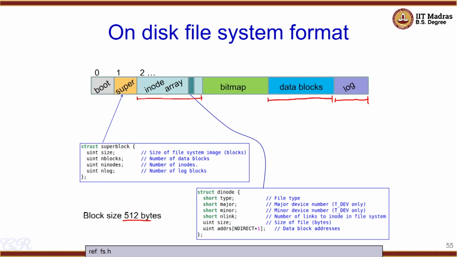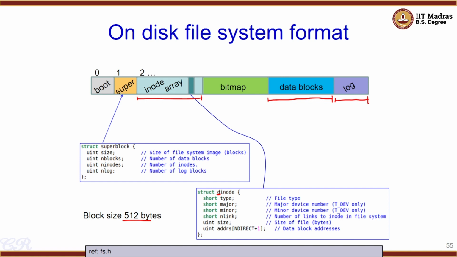Within the inode array, each entry has this particular structure known as D inode. As we have discussed earlier, this D inode corresponds to the disk inode, so this is the inode stored on the disk. It has a subset of the elements present in the struct inode. It has the type, the file type.